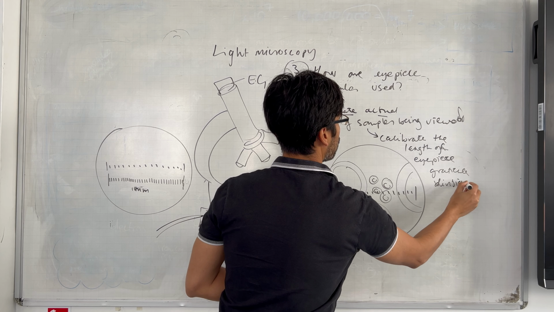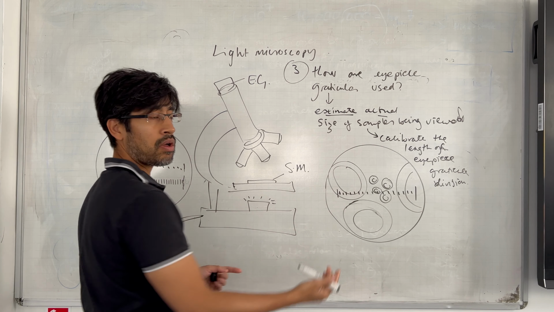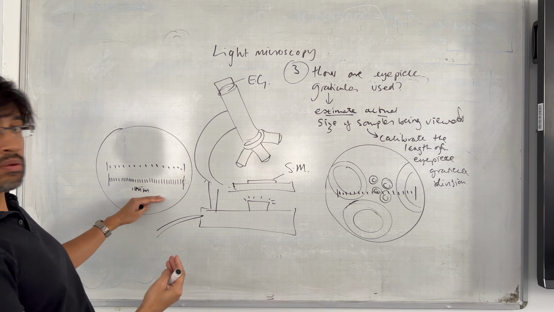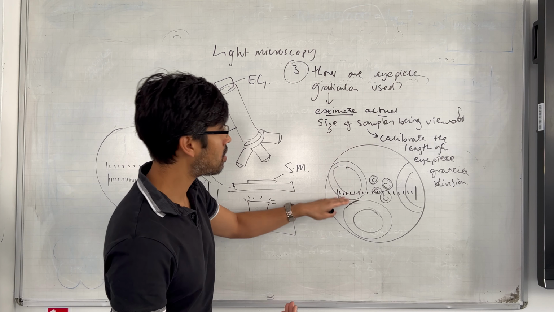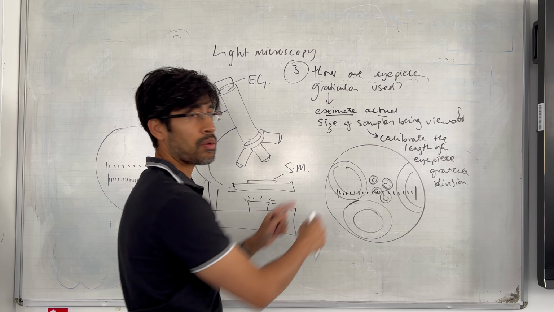So once we know how big eyepiece graticule divisions are, that's what the stage micrometer is for. So once that gives us that conversion factor, then we can use that conversion factor to estimate our samples.